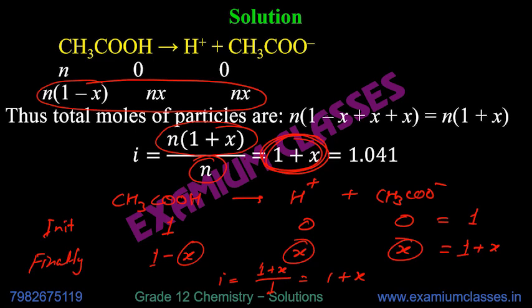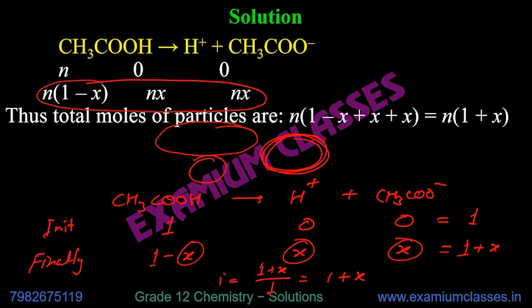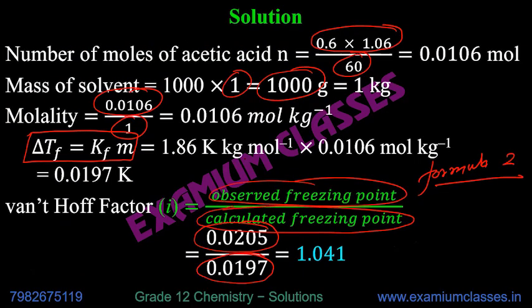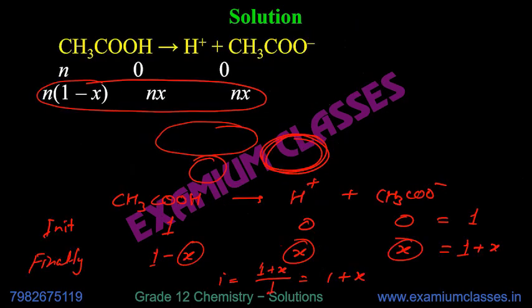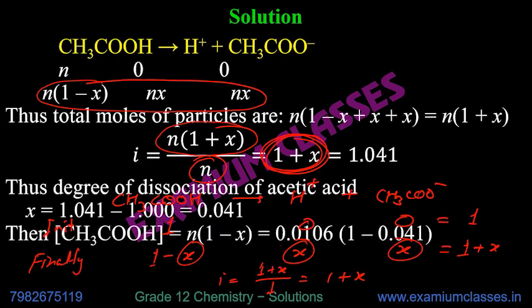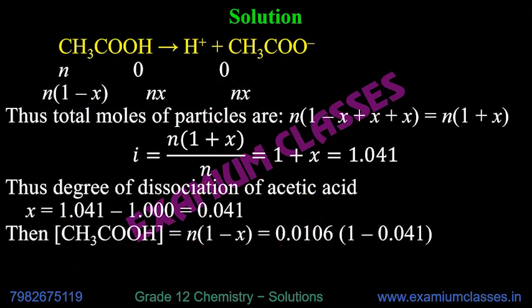And this value we have already calculated in the previous part, 1.41. So from here we will calculate x. So x we got 0.041. This is the degree of dissociation, but we have been asked the dissociation constant.